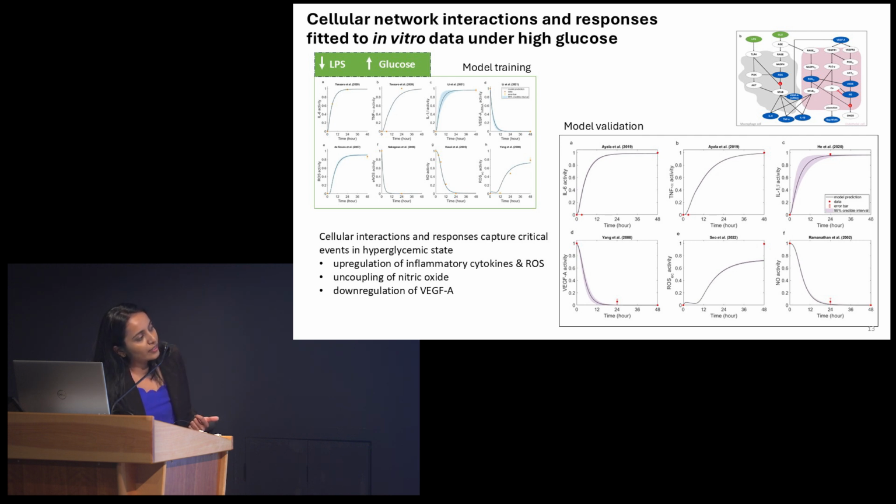We found that under high glucose conditions alone, we saw overexpression of inflammatory cytokines, as well as oxidative stress, and then a downregulation of vascular endothelial growth factor and a subsequent inactivation of nitric oxide, which is one of the critical events that happens in the early stages of diabetic kidney disease development.